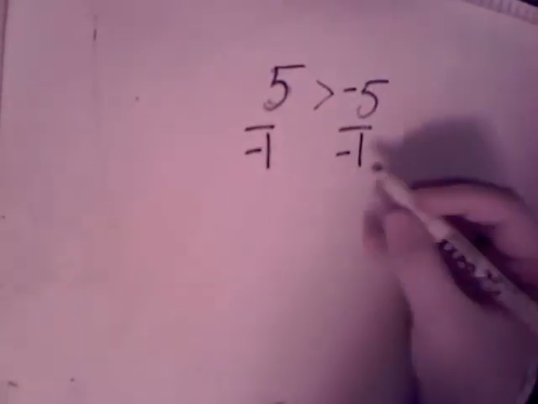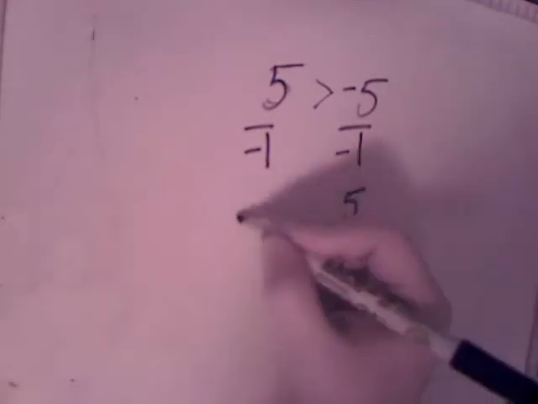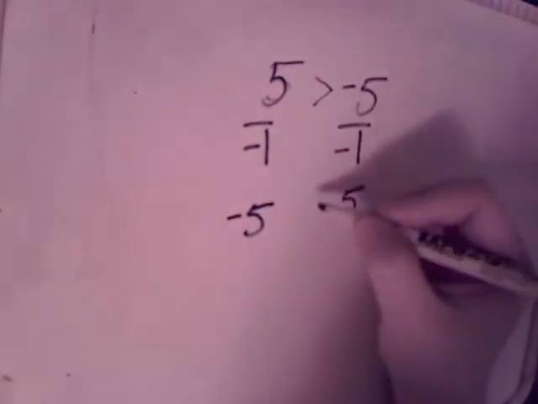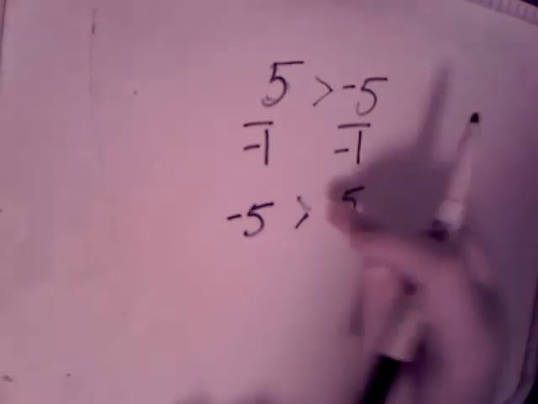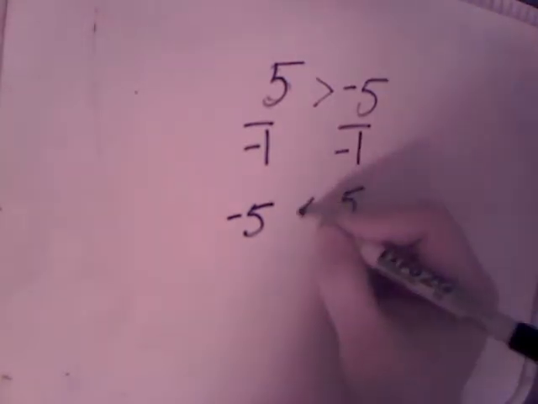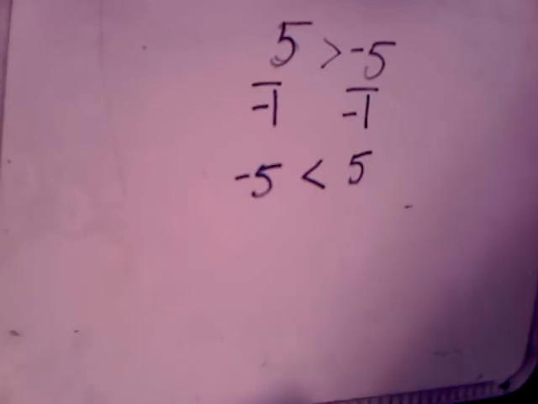If I multiply or divide by a negative, what's going to happen is we'll have negative 5 over here, and now we'll have 5 over here. So if I put this sign in here, this is no longer true. The mouth is not eating the bigger number. Because I've multiplied or divided, in this case, by a negative sign, I have to switch the sign. And that's true every single time you multiply or divide by a negative sign.